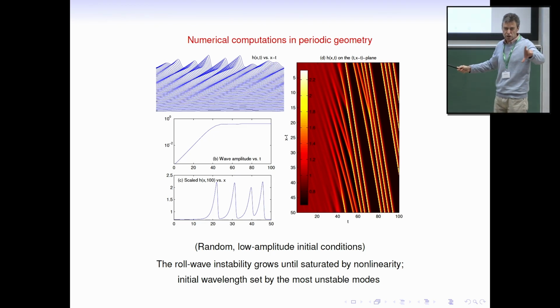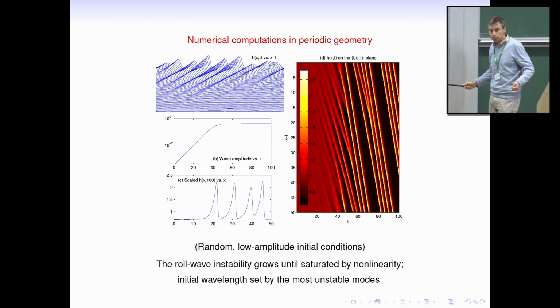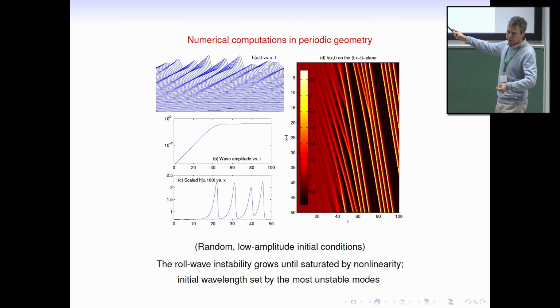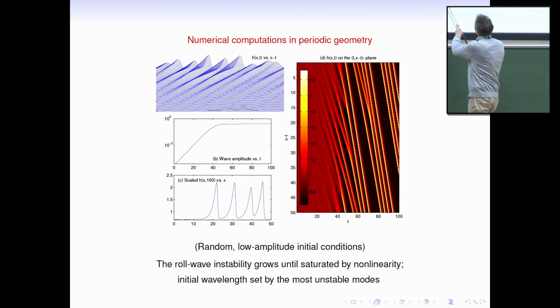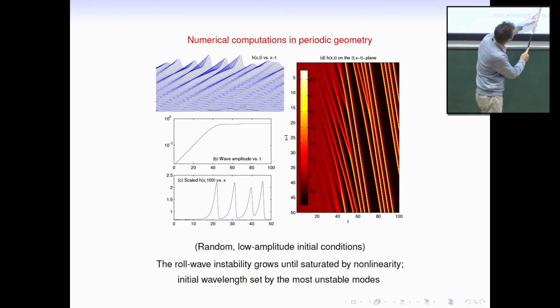If you look at a measure of the strength of the instability, it grows according to the linear growth rate, and then it saturates once these things get to some amplitude. They don't remain steady. There's then some nonlinear dynamics. You'll see that if I continue this computation, it's now shown as a space-time diagram here. So we've got the linear growth and initial saturation in there.